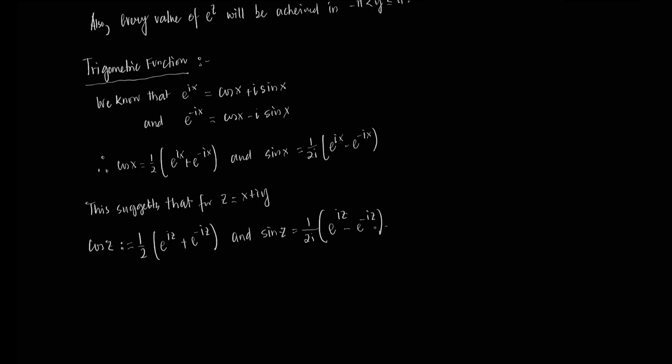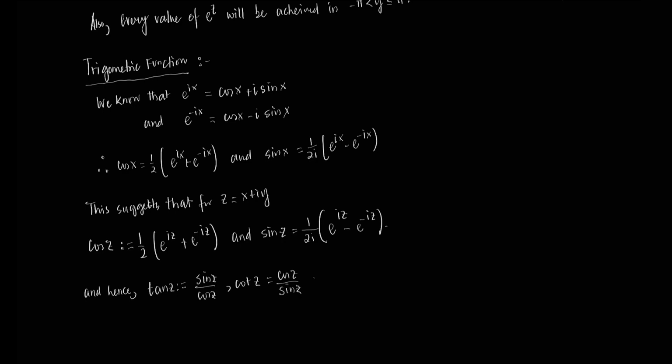And you can see that if you define similar things, you can also define tan z as sin z by cosine z. We are defining it like this. And we can define cot z to be cosine z by sin z.